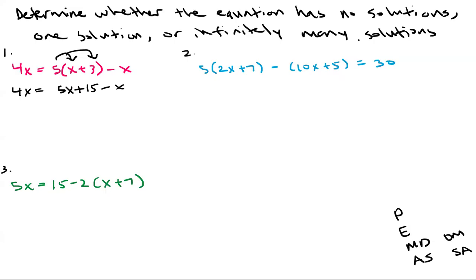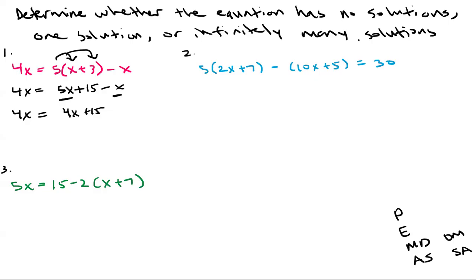Then I'm going to combine like terms. Notice I have the 5x here and the minus x here, so I'm going to combine those. 5x minus x gives me 4x plus 15, and then I have 4x on this side.